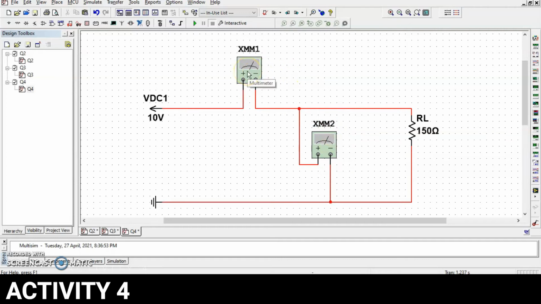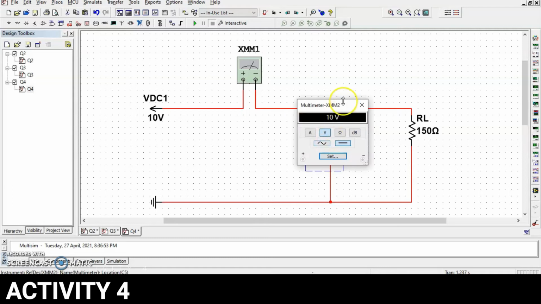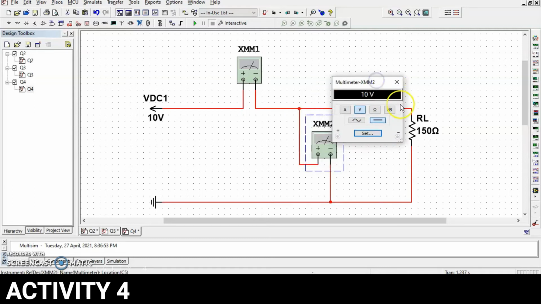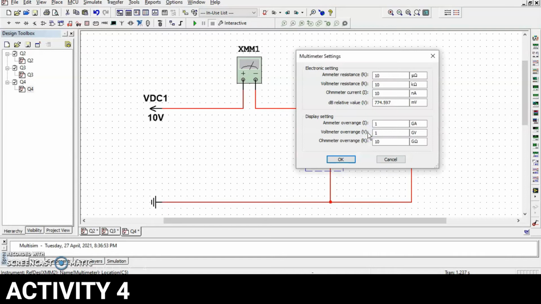And here we have the multimeter connected in series to the circuit to get the ammeter reading. And the question also asks you to set the internal resistance of the voltmeter to 10 kilo ohms. And then we set the voltmeter resistance to 10 kilo ohms.